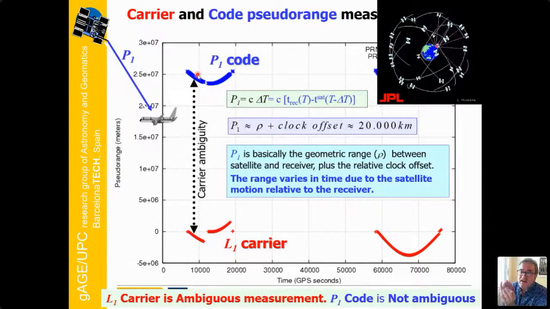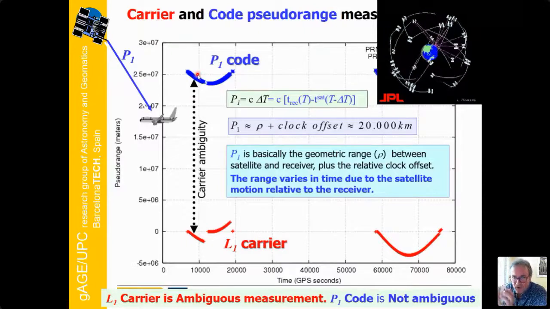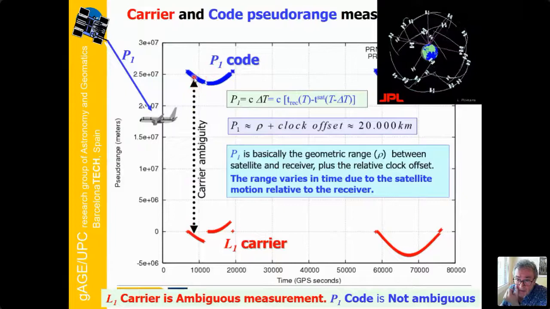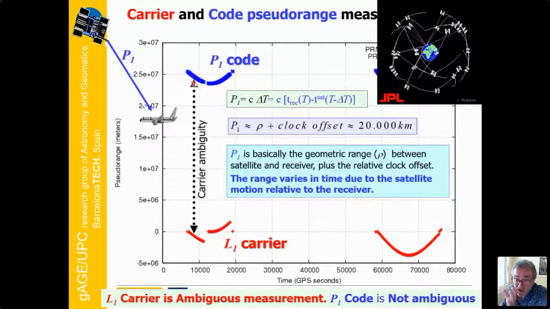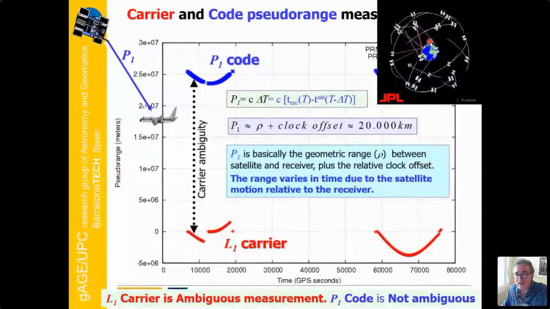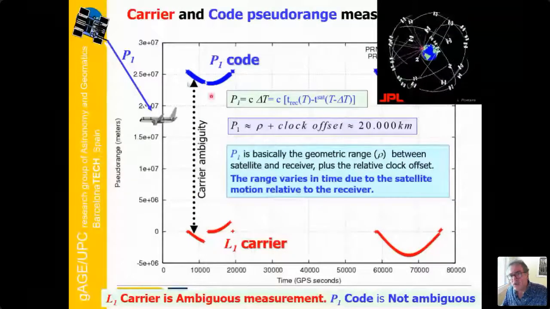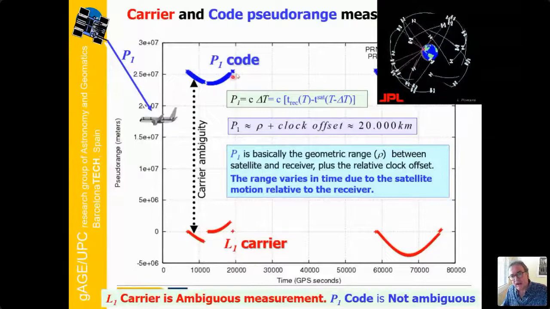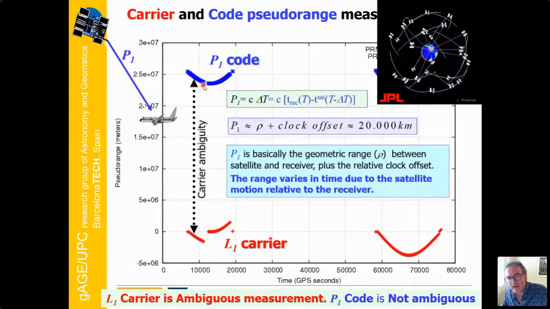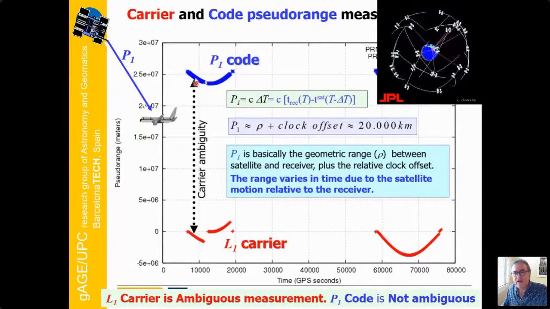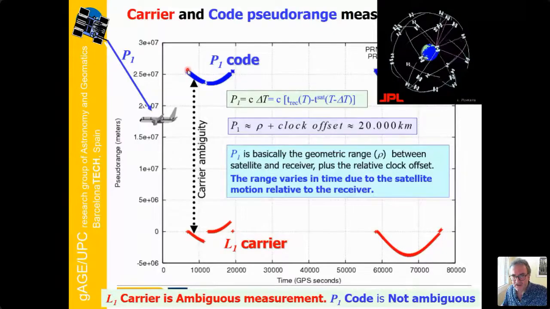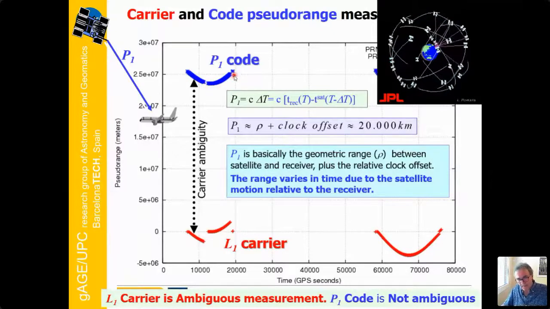It is not exactly the geometric range. It is contaminated by these errors, but it's an absolute measurement. As the satellite moves, this distance varies. Here the satellite is approaching, and here the satellite is going away, and here the distance is getting shorter, and so on.